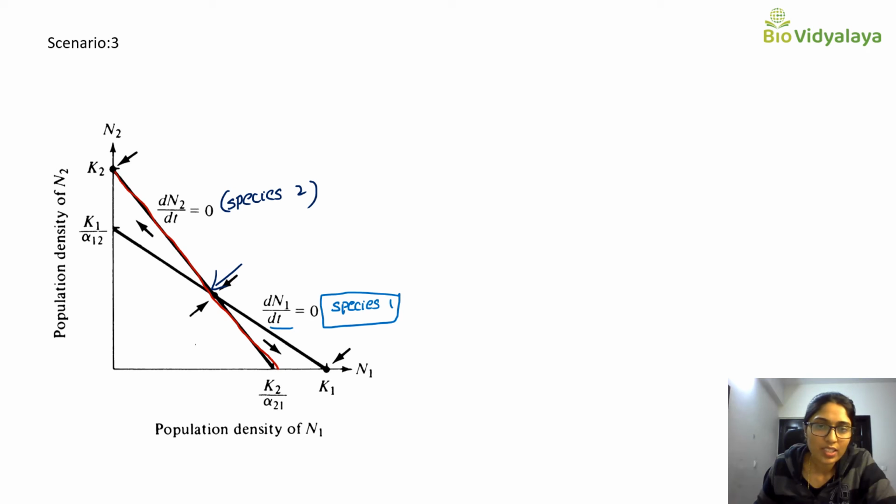And here you can see that the carrying capacity of species 1, K1, is greater than K2 divided by alpha 21. I will write here K1 is greater than K2 divided by alpha 21. Here K2 is also greater than K1 divided by alpha 12.